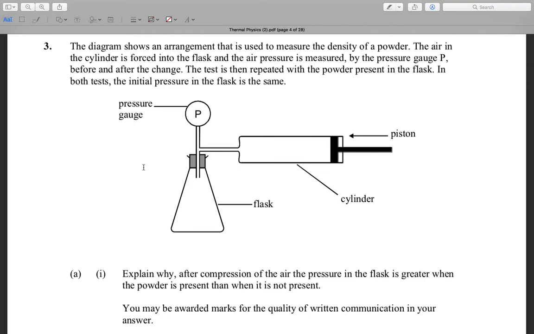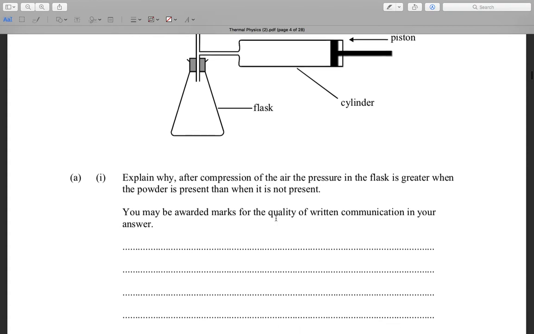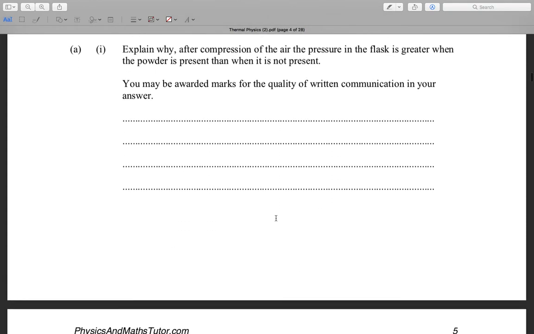Okay, pressure gauge, piston, cylinder, and flask. Explain why, after compression of the air, the pressure in the flask is greater when the powder is present than when it is not present. You may be awarded marks for the quality of written communication in your answer.